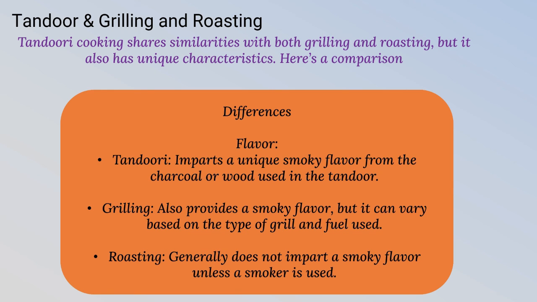In case of roasting, it generally does not impart a smoky flavor unless a smoker is used, because it is not exposed to direct heat in that way to gather the smoke. In case of spit, you have seen that there are burning coals at the bottom where heat is generated, and on top of that you are putting meat which is on a skewer and rotating. We have discussed that. So there is no scope for getting a smoky flavor through the roasting process. If the roasting is done in the oven, then there is no scope at all. Clear?